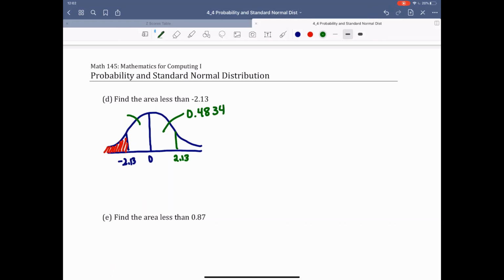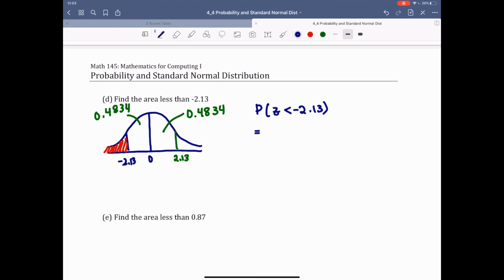Okay, that means because of the symmetric property that the area between negative 2.13 and 0 is also 0.4834. But neither of those values are the values that we actually want. We want the probability that z is less than negative 2.13.